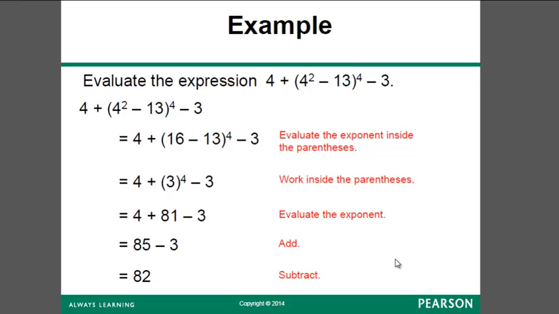Making sure that you know the order of operations is extremely important. If you do not follow the order of operations, you will get different answers from your classmates, from other people working on teams, anything like that. That is why it's universally agreed upon.